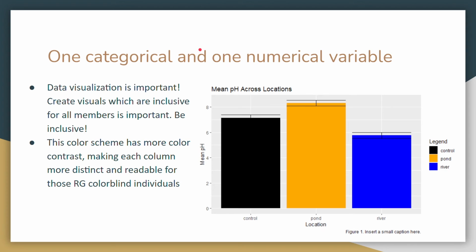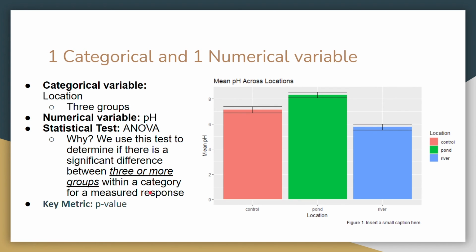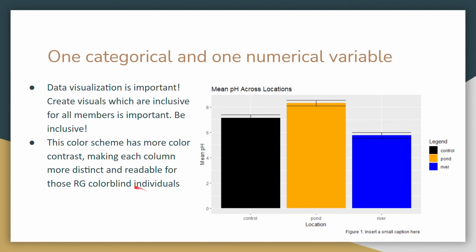Then moving on to the next section, where we have one categorical and one numerical variable. Now, in this slide, I do want to highlight the key difference in this graph from the previous. As you can see, data visualization can be extremely important. When we're creating visuals, we want to be inclusive to all members of the audience. So make sure you be inclusive.